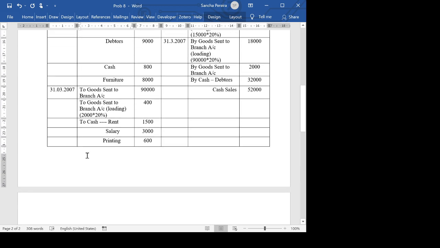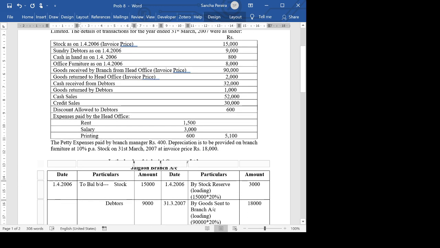Even though I've said cash here, this has nothing to do with the branch cash account, because the end effect will be nil. Here they have not told us how it is done, whether head office has paid for it directly or sent cash to the branch. We are assuming that the head office has paid directly.